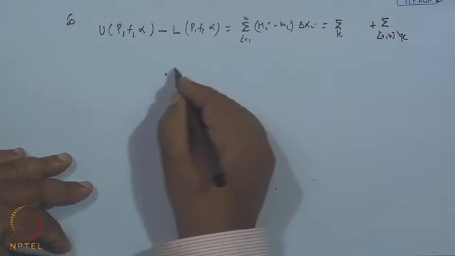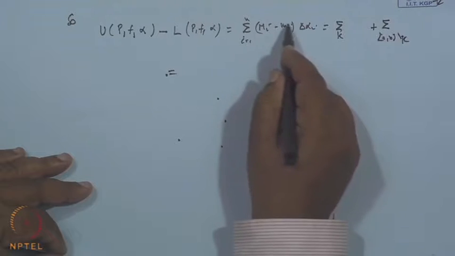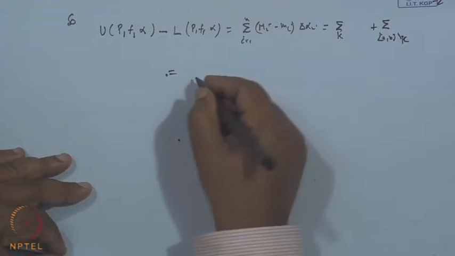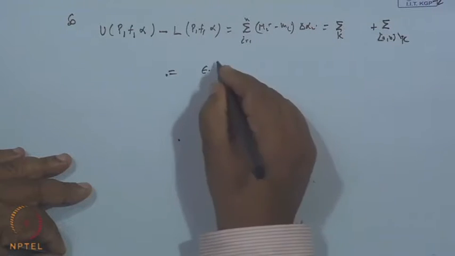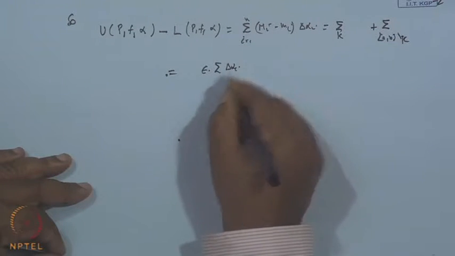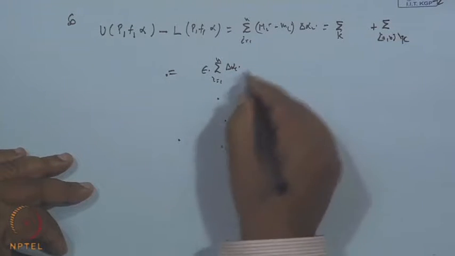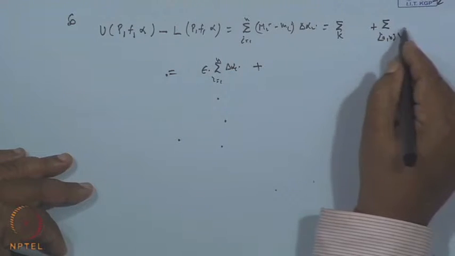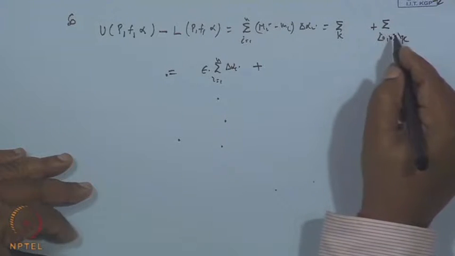So, in this case, over K this is less than epsilon. So, we get epsilon times the sum of delta alpha_i from 1 to n, which is nothing but alpha(b) minus alpha(a). And over this other part, we already have that the function is bounded.